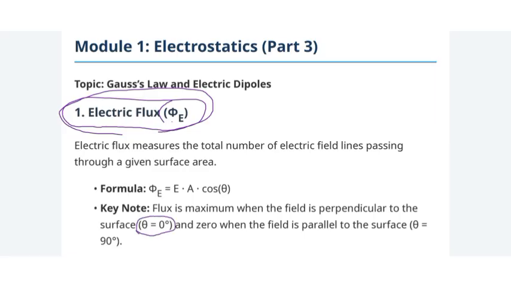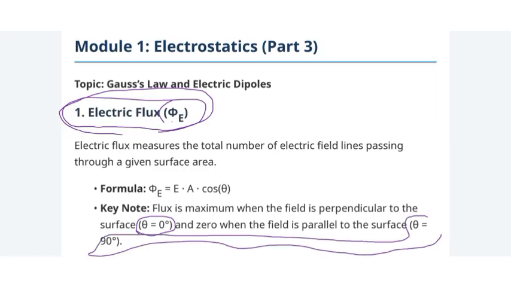And then electric flux is zero when the electric field is parallel, which means that theta here is 90. From this keynote, you can bring about 4 to 5 different questions. So all the keynotes that I will be dropping in this lesson, please take note of them because they form the theoretical aspects of your physics examination.